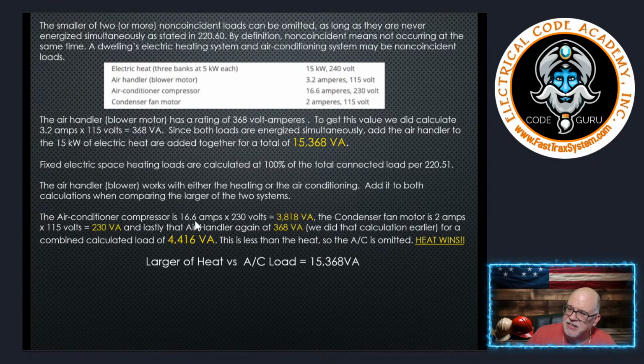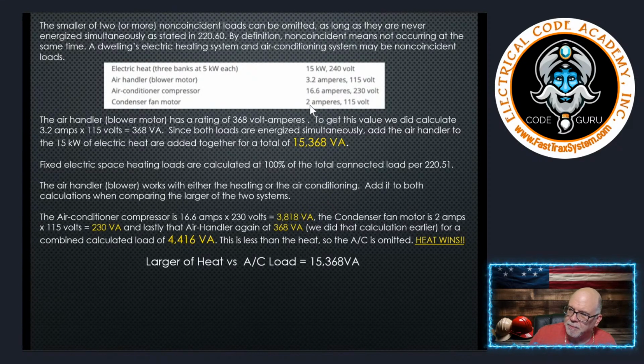The AC's air conditioning compressor is 16.6 amps. Y'all know the drill. That would be 16.6 amps times 230, because that's what they give us. Don't use 240, use 230. That's what they give us, so that's what we want to use. So that equals 3,818, okay? Next is the condensing fan motor.